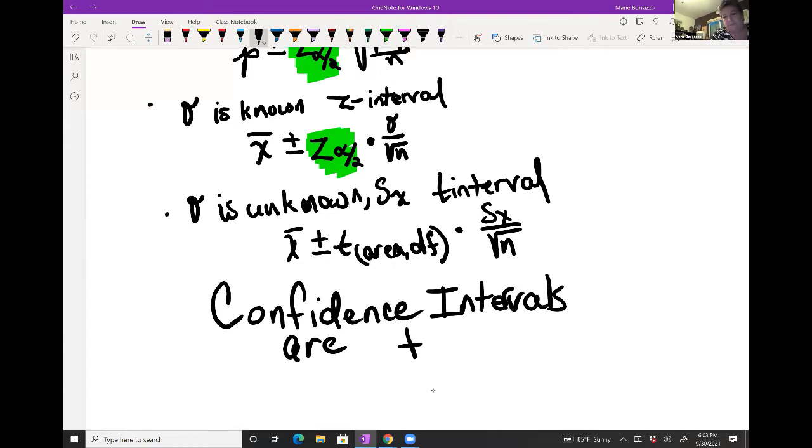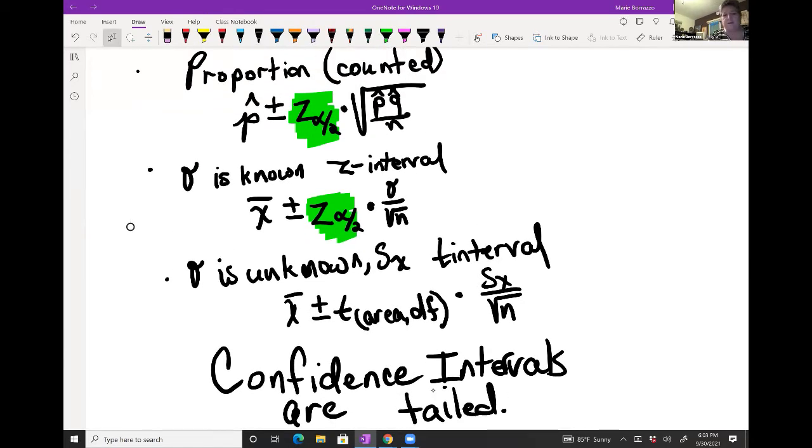What does that mean? So what it means is that alpha, if you notice each of these alphas is split in half, right? You notice that there in the bottom?